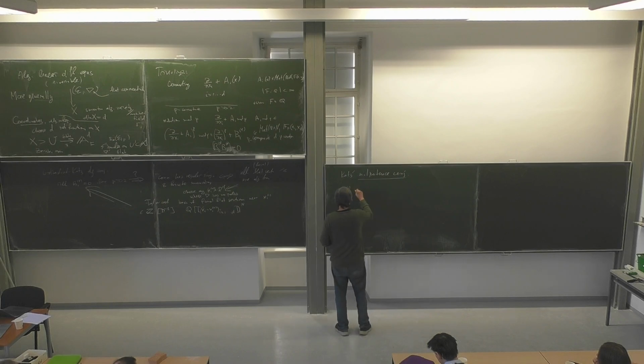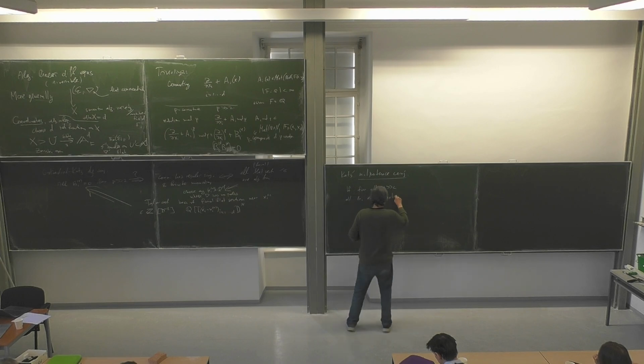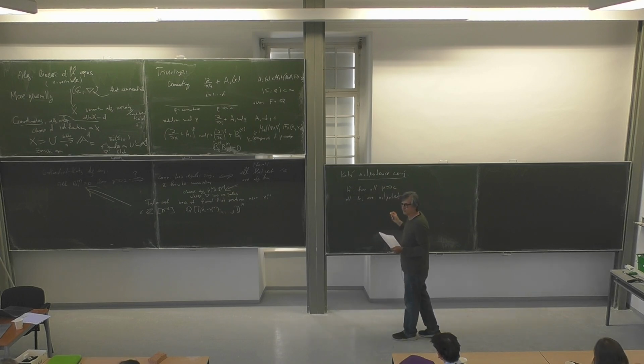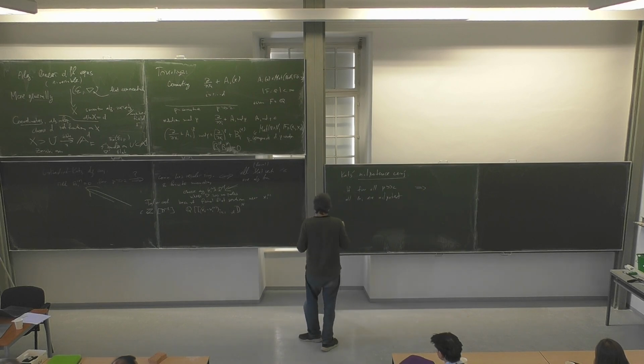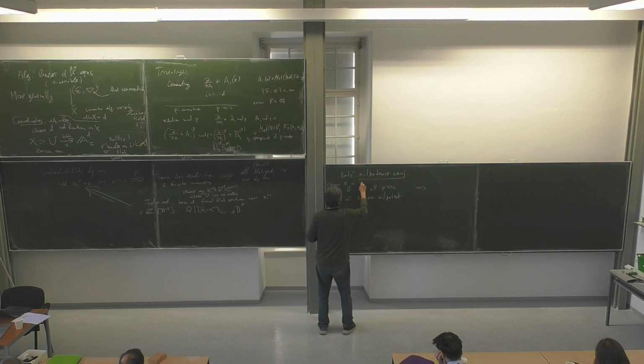If for all sufficiently large primes all Psi_i are nilpotent, these matrix valued functions are nilpotent, then maybe here I want to assume that the connection is irreducible.